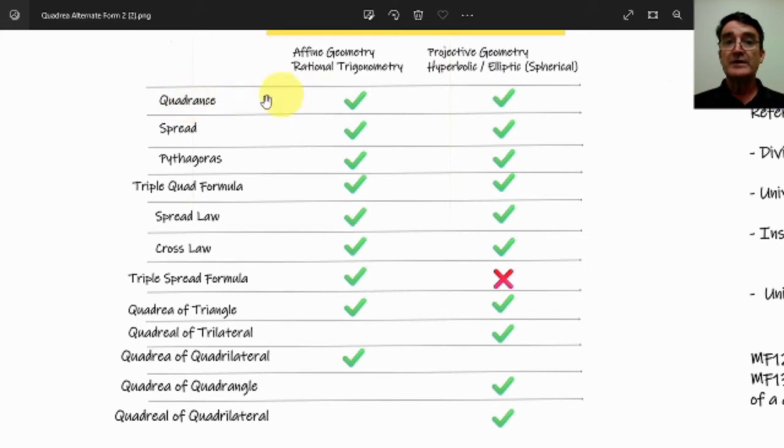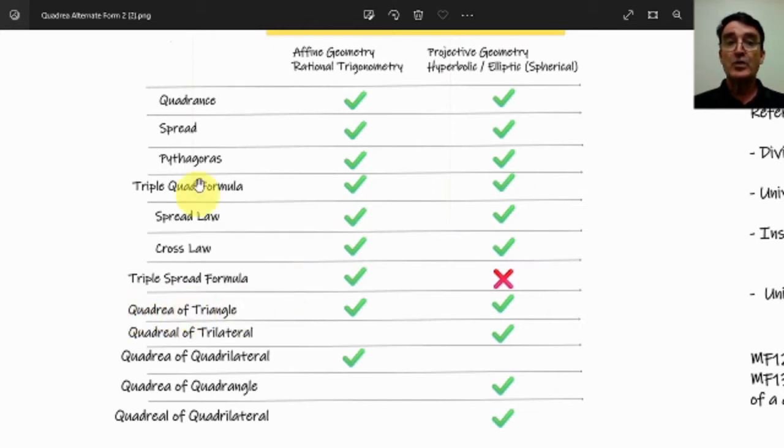So there are formulas for the quadrance between points, the spread between lines, and the main laws in the subject. There are 5 main laws in affine geometry, which are Pythagoras' theorem, the triple quad formula, the spread law, the cross law, and the triple spread formula. And in projective geometries, the main laws are Pythagoras' theorem, the triple quad formula, the spread law, and the cross law.